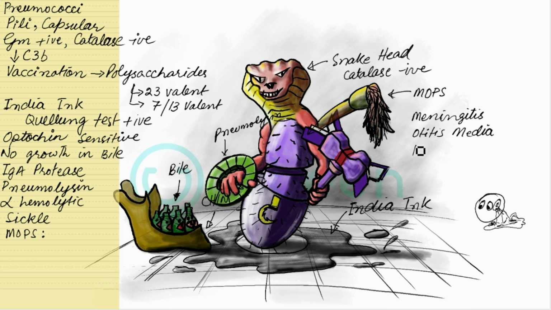Then P for pneumonia, that is how it got its name, and pneumonia is the largest thing that it does, the most common infection, especially community acquired pneumonia. And finally S for sinusitis, also S for sepsis.